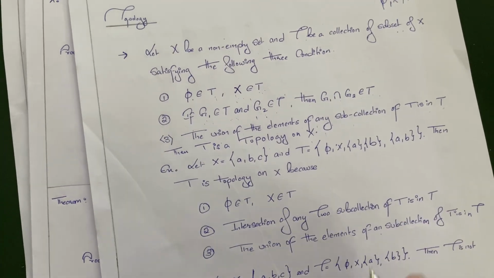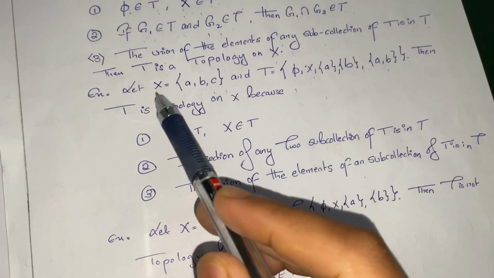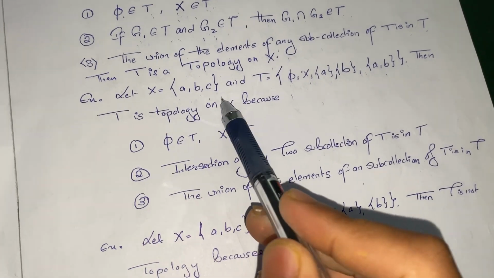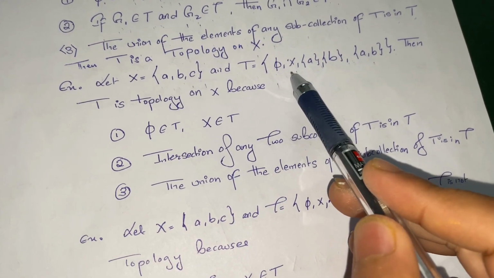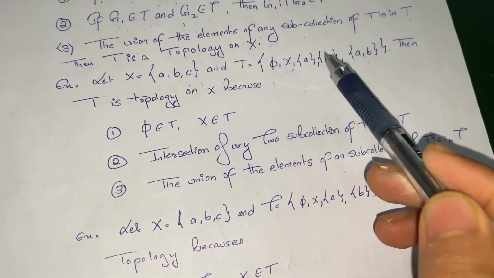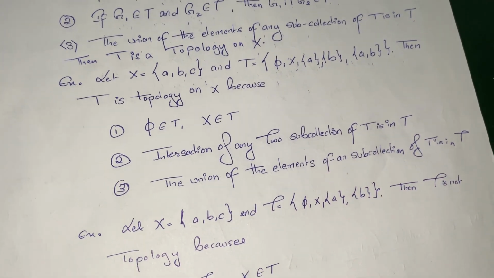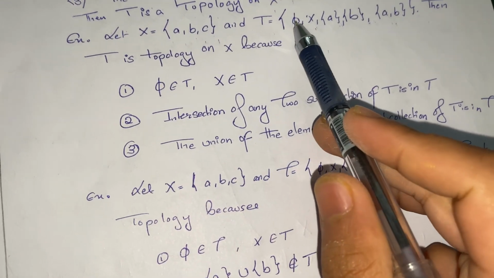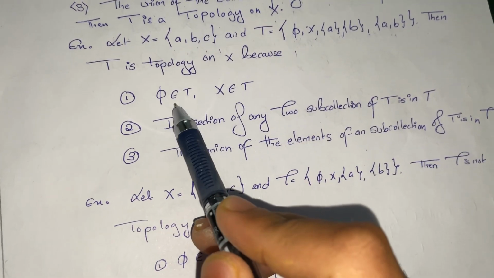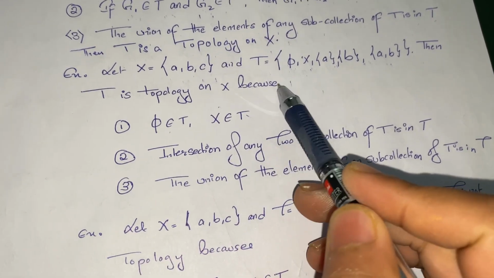So let me give you an example. Let X be equal to {a, b, c}, and T is a collection of subsets of X such that T is equal to the null set, the whole set, {a}, {a, b}. Then we can say that T is a topology on X because the first condition is that the empty set phi belongs to T and the whole set X belongs to T. You can see that.